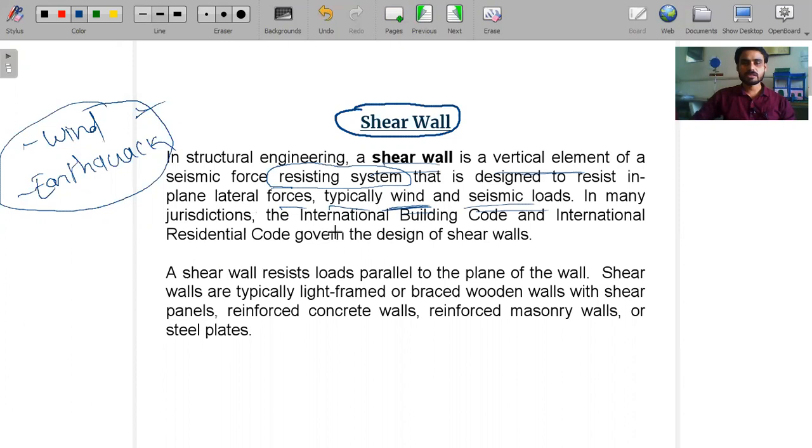In many jurisdictions, the International Building Code and International Residential Code govern the design of shear walls. There is no separate handbook or design code for shear wall design.